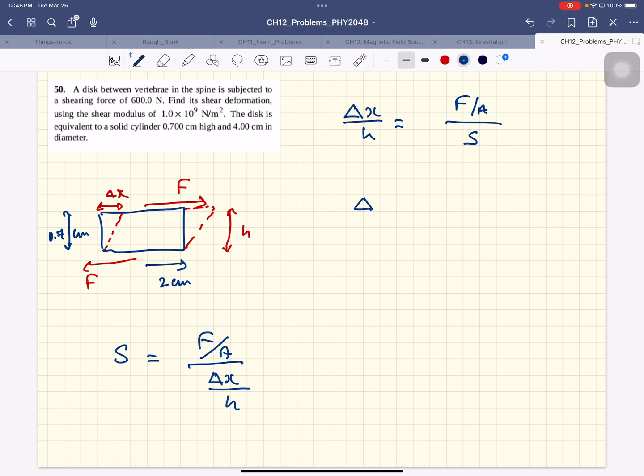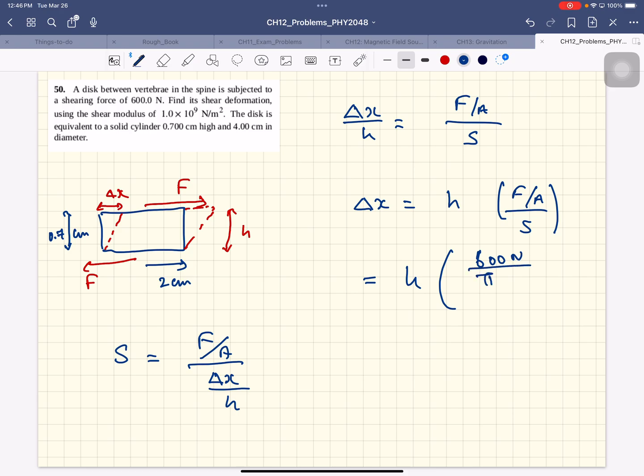We'll do that, delta x over h equals F over A, so 600 newtons.